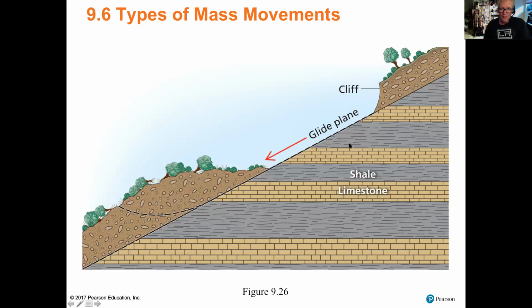So it just gathers enough force to overcome the ability of it to stay in place. The gravity acts upon it and pulls it down, what we call the glide plane. It'll form the cliff up here, and then this will slide down the slope.